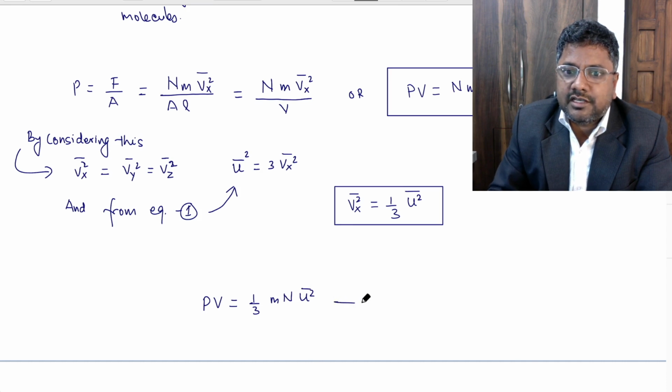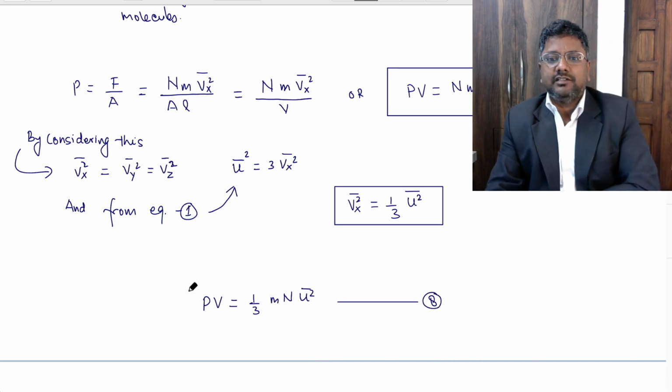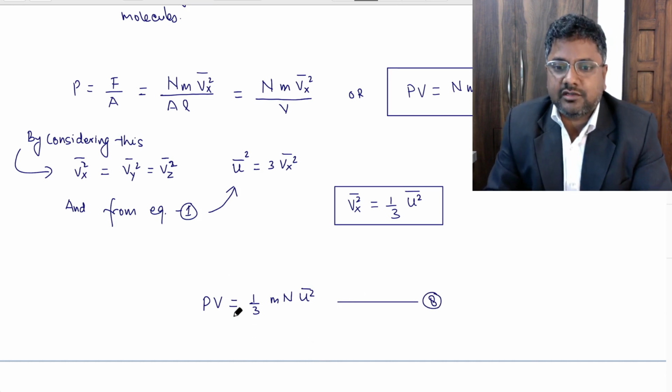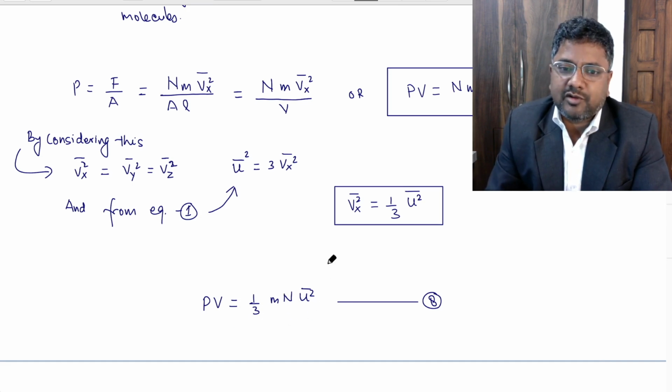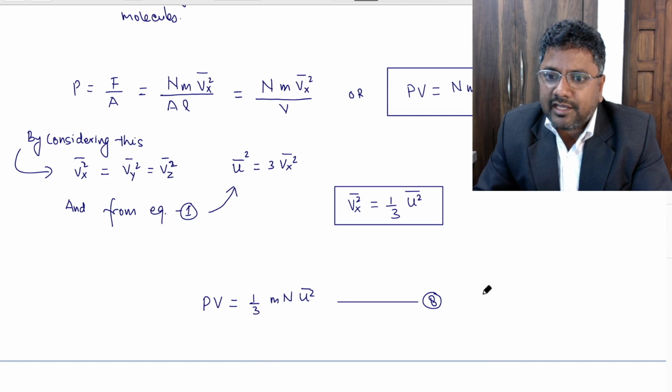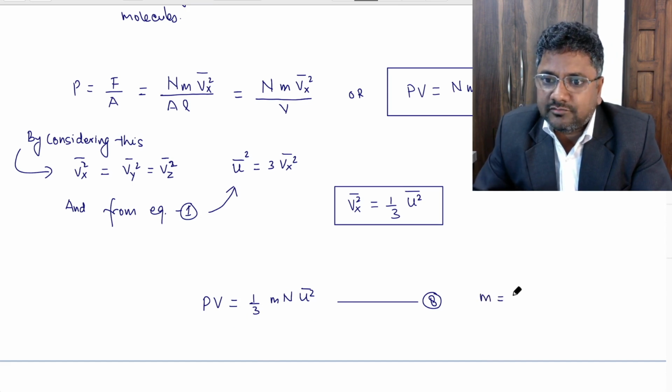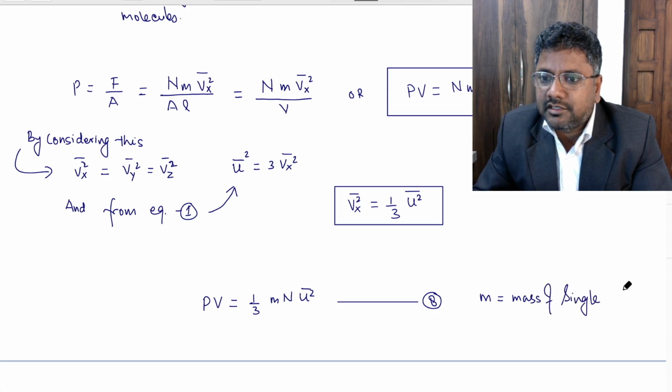So this is equation 8, and this is a very fundamental equation. By using this equation, you can calculate the pressure of a gas in terms of microscopic properties. What is this small m here? Small m is the mass of a single gas molecule.